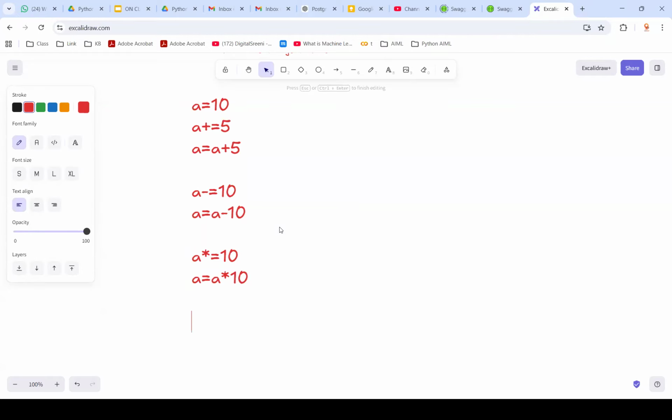Similarly, A divide is equal to 2. The meaning is A is equal to A divide by 2. Or let's suppose the one operator we already have done previously, the percentage. A percentage is equal to 2. What is the meaning of this? A is equal to A percentage 2.